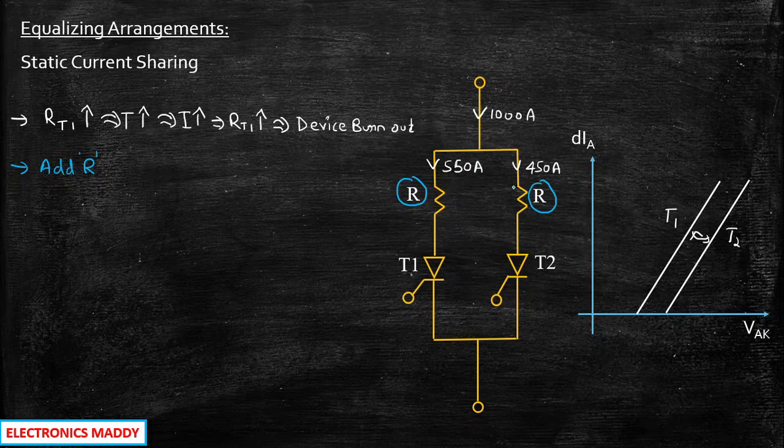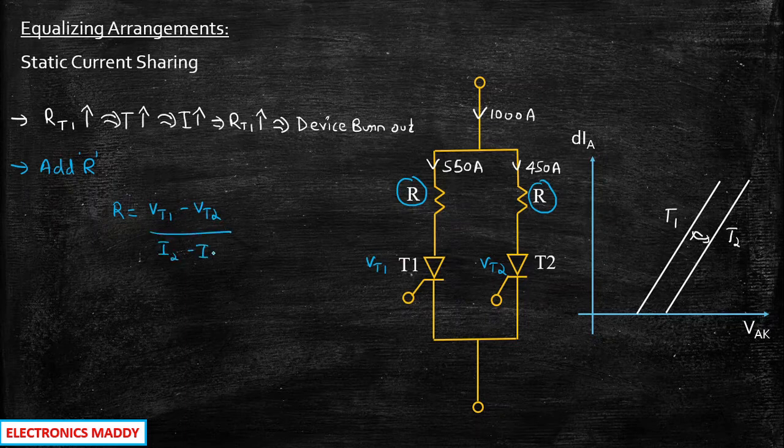And how do we know that the current flowing between T1 and T2 will be the same? So basically there is a simple equation. If you are considering R as the resistor, and you have VT1 as the voltage across T1 and VT2 as the voltage across T2, then we know that R is given by V by I, isn't it? That is basically VT1 minus VT2 divided by I2 minus I1.